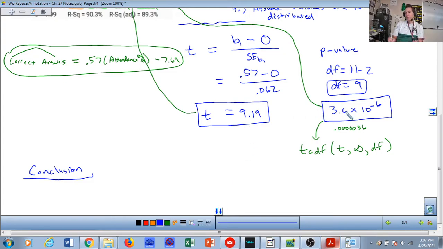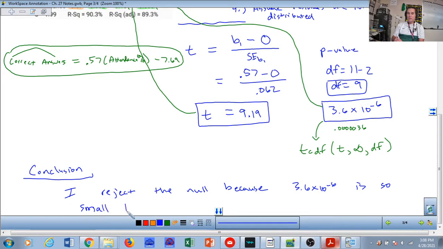We have a really small p-value, so I reject the null, because 3.6 times 10 to the negative 6 is so small. They gave us an alpha on this one, 0.01, and it's way less than that.